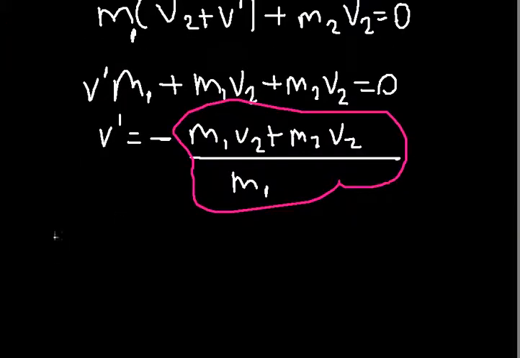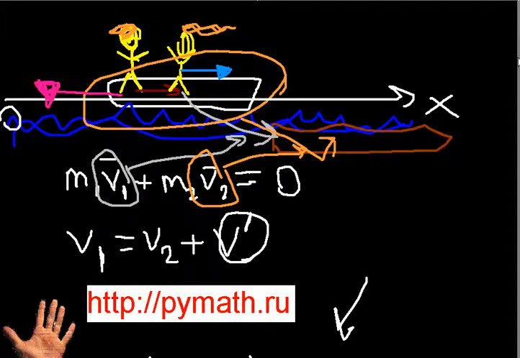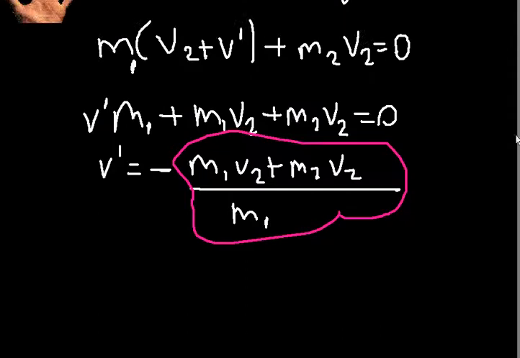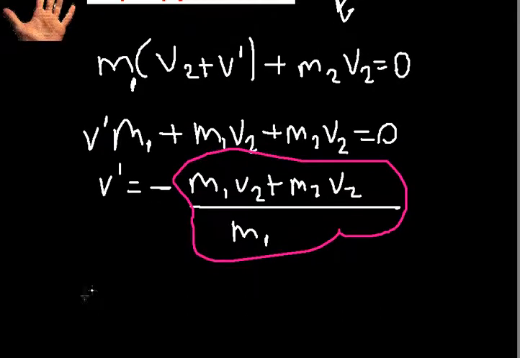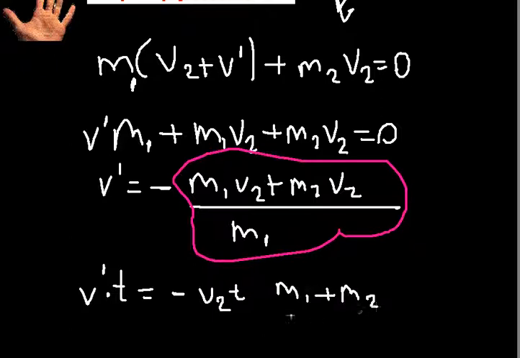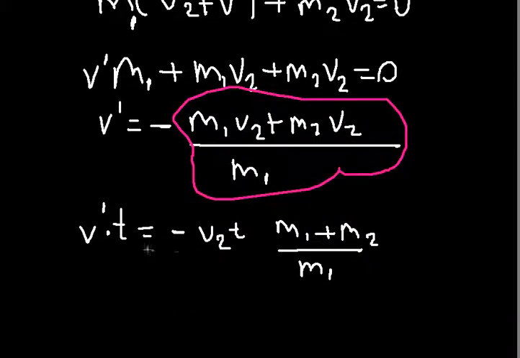And if we have constant velocity, and this human moves very slowly, it means that we don't have any external forces, of course. Then it can be written that v apostrophe multiplied by the time of his movement equals minus v2 times some relation connected with the masses of the human and this boat.